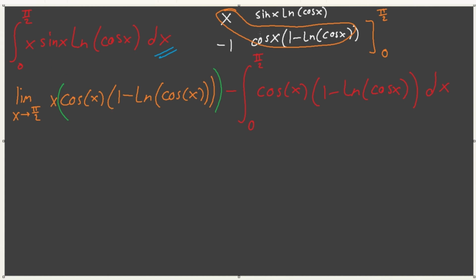I'm sorry. Take this away, because x cosine of x, that's just 0. So what we actually have, when we simplify it, is x cosine of x ln of secant of x.